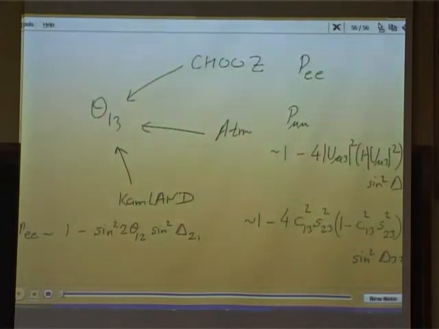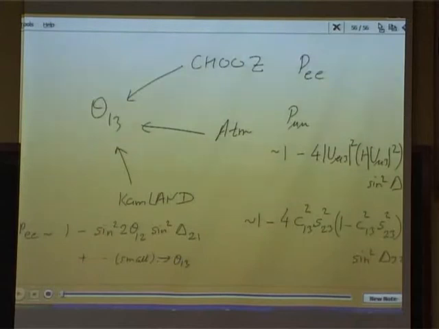However, now this is what we will calculate in the next homework. If we actually calculate the value of P_ee using the complete expression, which actually has 3 terms, right, you have 1-2, 2-3, and 3-1, you will find that there actually are some additional terms. These terms happen to be small, but they depend on theta 13. Therefore, when you put a bound on P_ee, you also put a bound on theta 13.